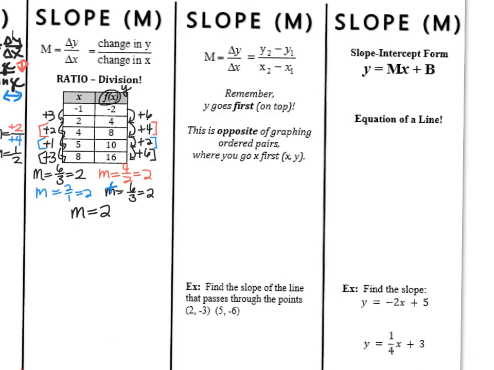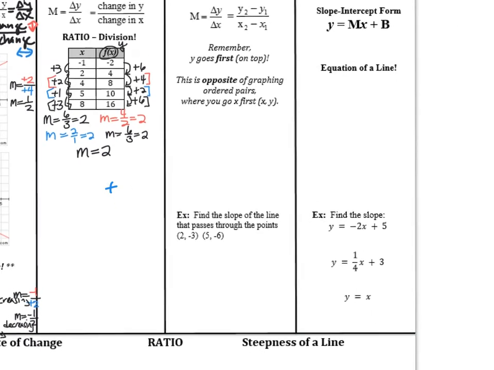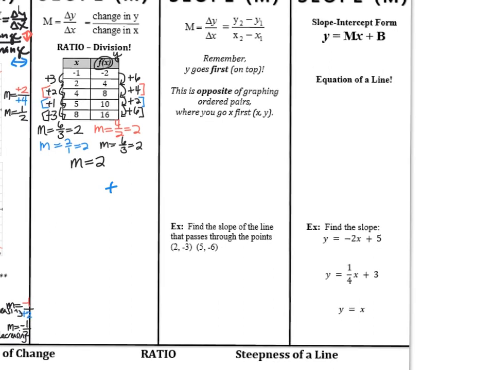So let's look at this example down here on the bottom. And I'm going to, like I said, make it back into a table. So here's my x, my y. I have a 2 and a -3, and then a 5 and a -6. When I'm finding my slope, I need to remember my change in my y goes first.